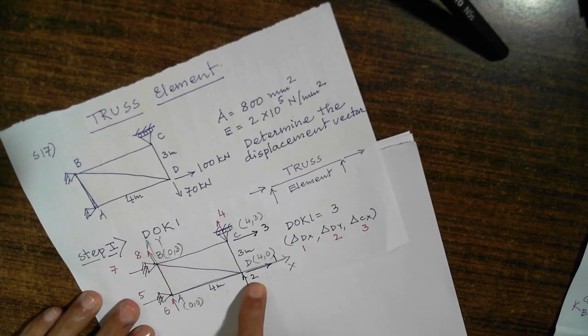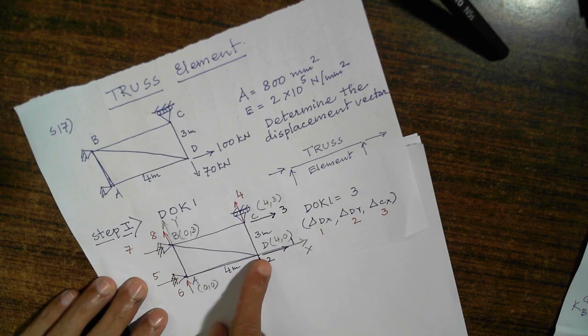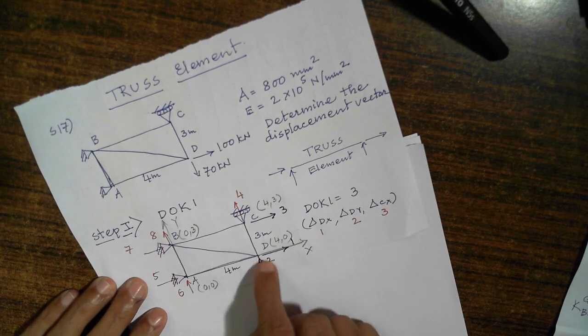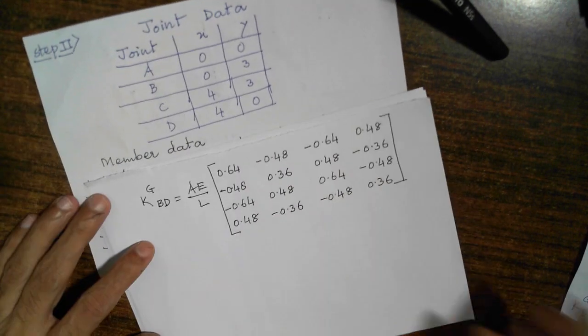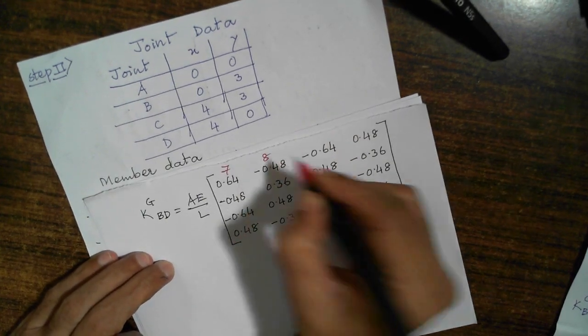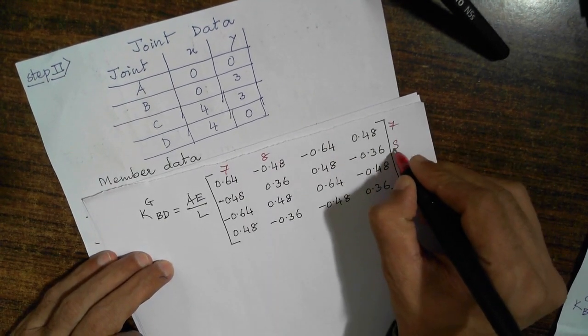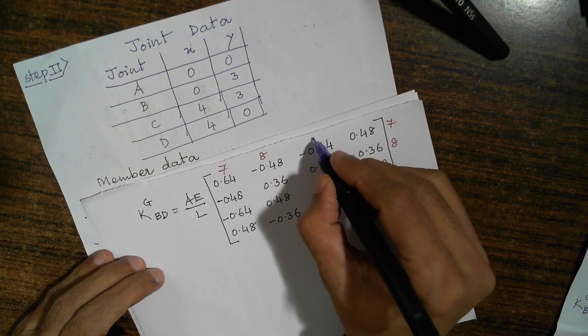Now, what are the coordinates for my BD? Now my member is BD. My BD, it is 7812. If my member is DB, I would have written 1278. My member is BD, so I am writing 7812, non-possible with red and possible with violet color today. 7812 and 7812. So this is my matrix.